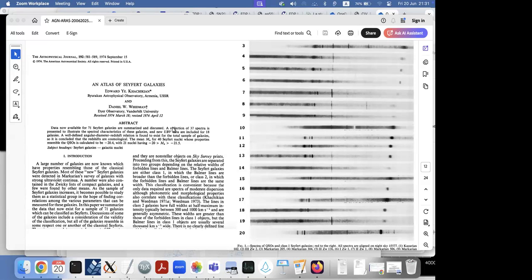Within this, two classes were identified, so-called Seyfert 1 and 2, and that's what I'm going to be concentrating on now. Those that show broad lines for the permitted lines and narrow lines for the forbidden lines, hence the term broad line and narrow line region. And that's why I said this brings together much of what we've talked about.